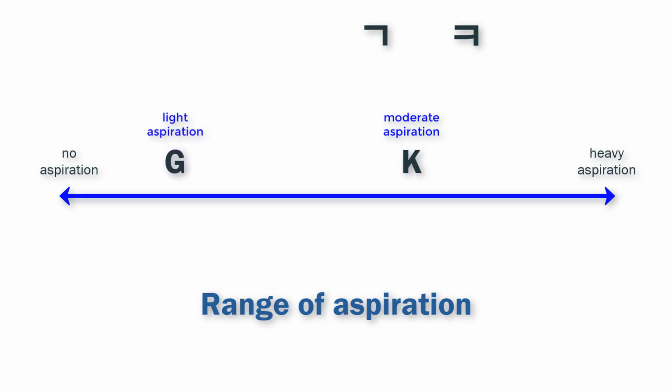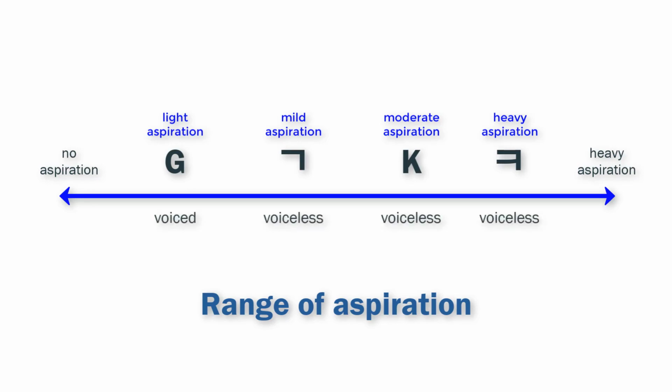So where do the Korean consonants go in this range? First, Kiuk is the most heavily aspirated sound of these four consonants, so it goes here. And Kiok is a mildly aspirated consonant, so we'll put it between G and K. So as you can see, all four consonants are aspirated differently. Also, the only voiced consonant is the G sound in English.